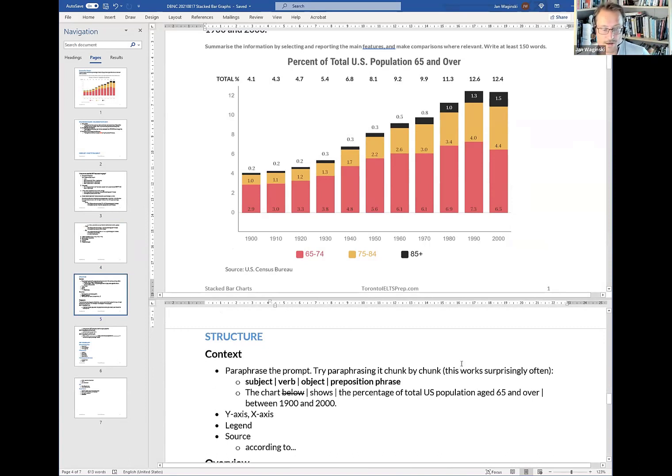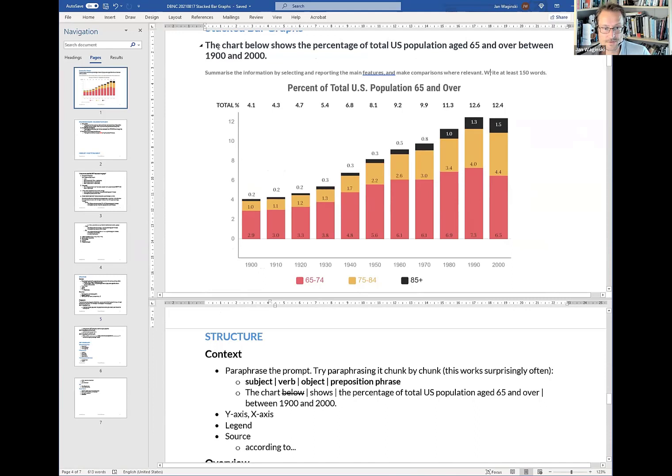So in terms of our structure, we need an intro paragraph that includes two parts. First part is the context. The context is what are we talking about? And you get that simply from the graph description that IELTS gives you. So paraphrase this bit. And then you can also look for additional information on the y-axis, on the x-axis, for example, the time period here.